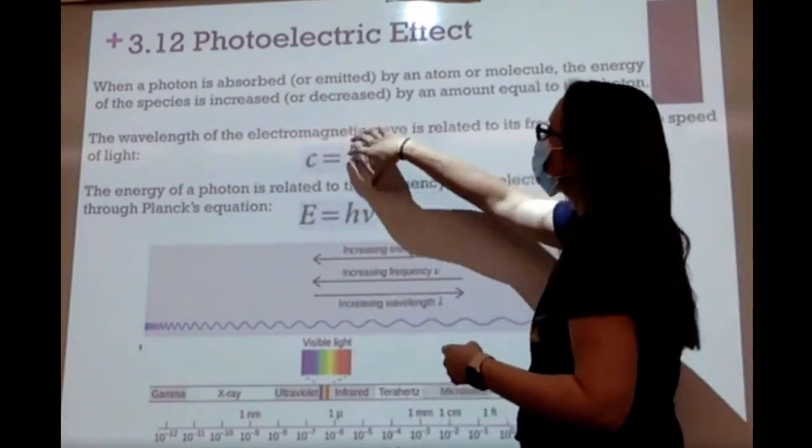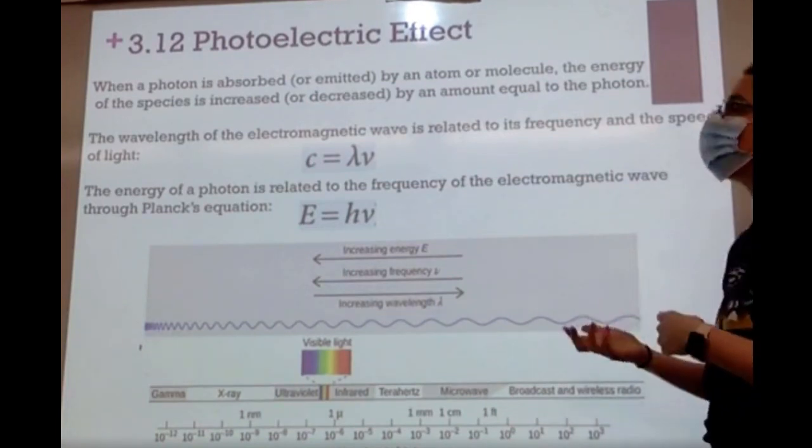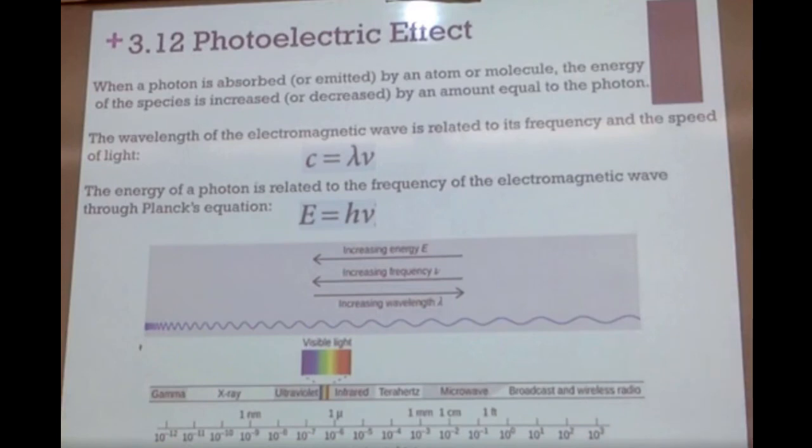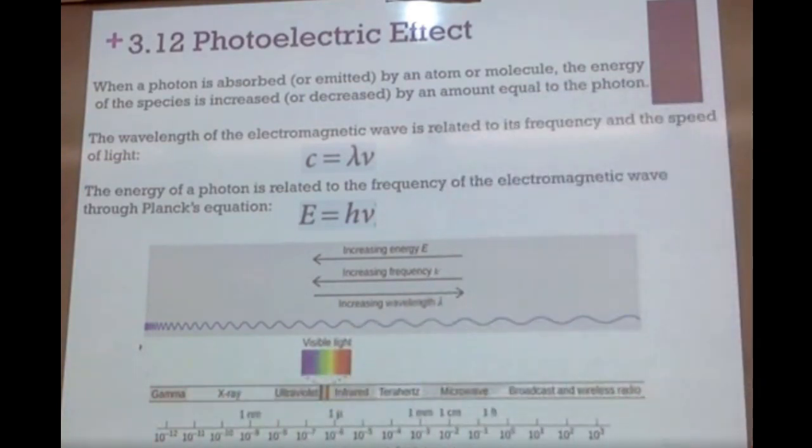With the photoelectric effect, we're looking at what happens when a photon is absorbed or emitted. So when you have energy that is absorbed or emitted, you have electrons jumping and falling back down, gives off a certain amount of energy. Well, the amount of energy that it gives off is from the electromagnetic spectrum.